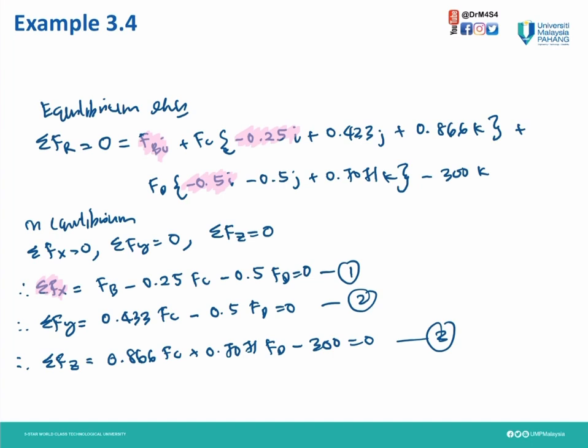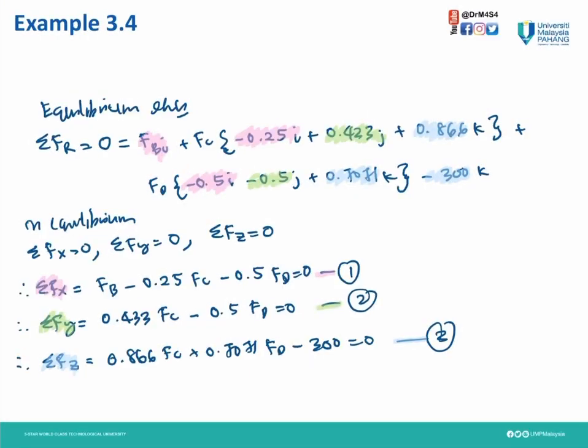Therefore, FB minus 0.25 FC minus 0.5 FD equals 0. That is equation 1. Then for Fy, 0.433 FC minus 0.5 FD equal to 0. That is the second equation. For Fz, 0.866 FC plus 0.7071 FD, don't forget minus 300, equals 0. So this is the third equation.